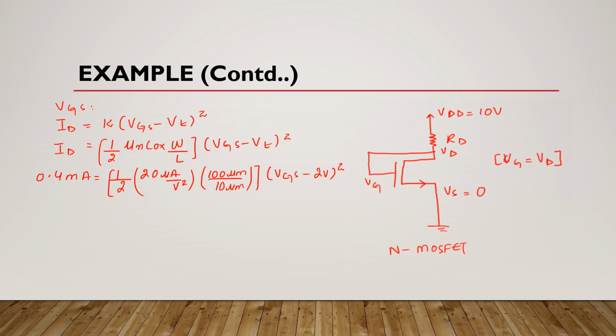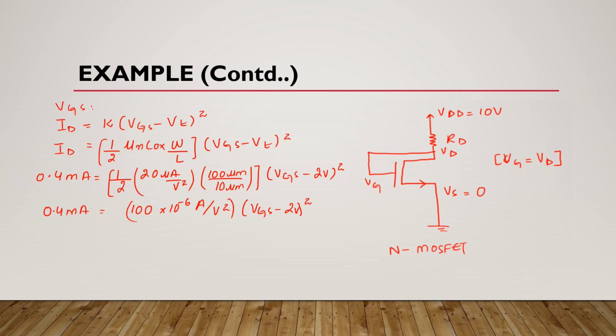Okay, and after solving this term you get 100 into 10 raised to the power minus 6 amperes per volt square, and here we have VGS minus 2 whole square.